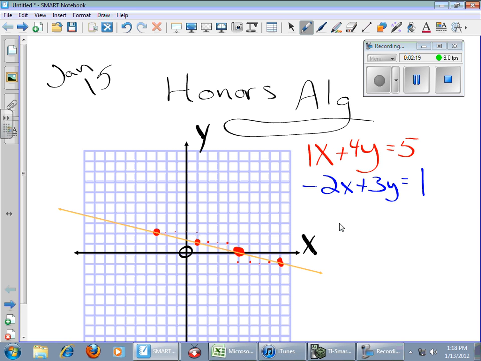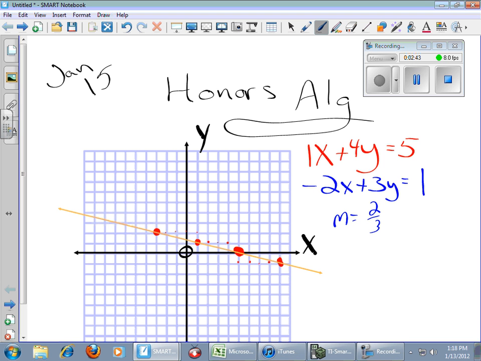Now I'm going to look at the blue one, and the blue one doesn't look as friendly. I'm not seeing an x-intercept or a y-intercept being super easy. I am seeing the slope of the blue one will be 2/3, but it looks like my x-intercept and my y-intercept are going to be fractions or uglies.